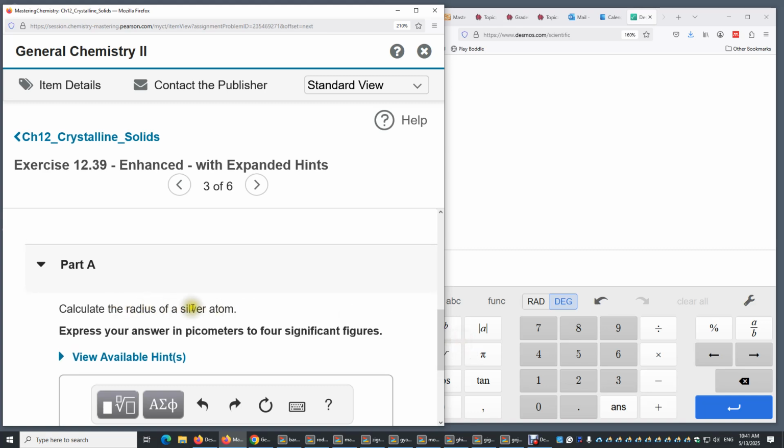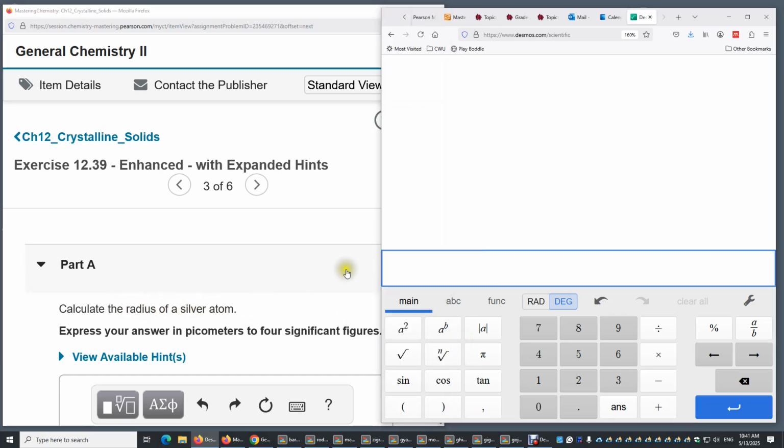How do we calculate the radius? Well, we'll use this equation for the face-centered cubic unit cell. The length of the face diagonal is the edge length L times the square root of 2. It's also 4 times the atomic radius.